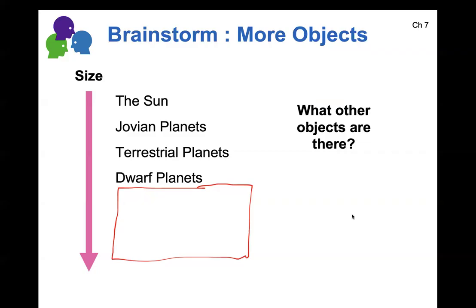So the term for the object is an asteroid, and the streak is the meteor. I know it gets confusing because it's like, wait, aren't those interchangeable? But no, the actual object is not called the meteor.